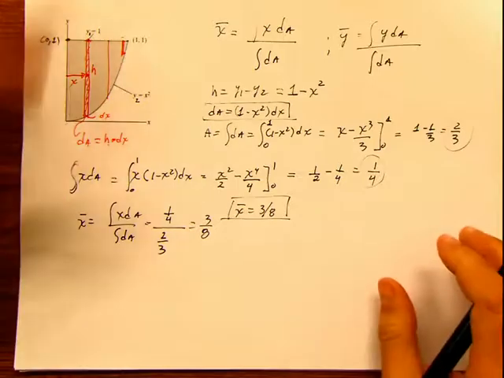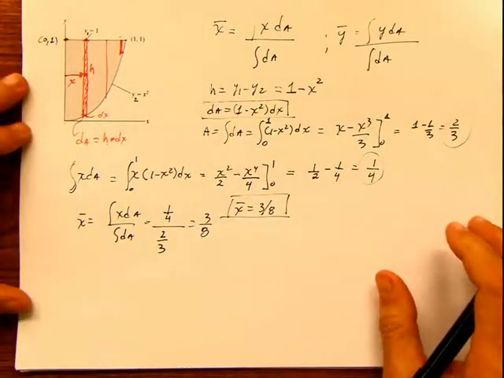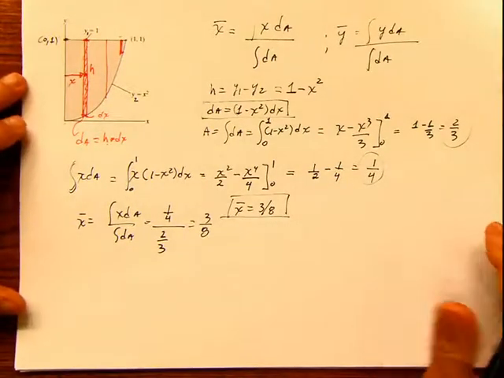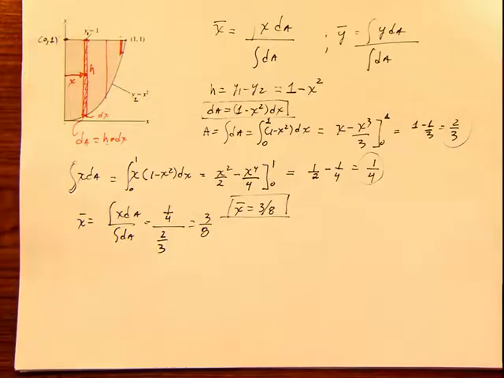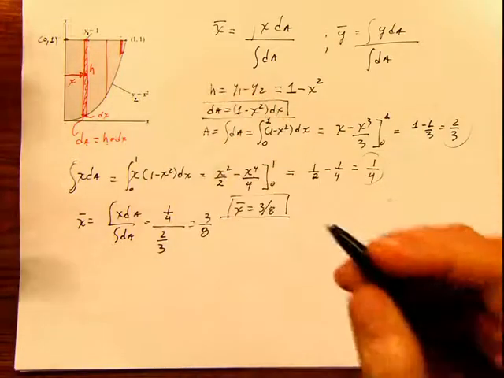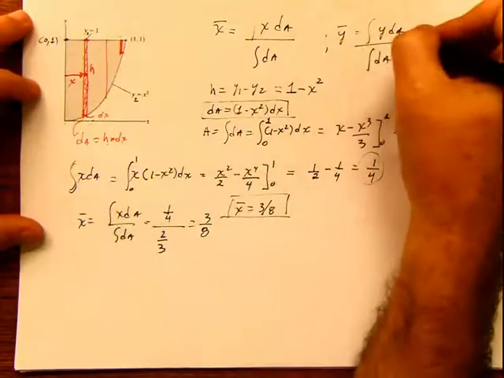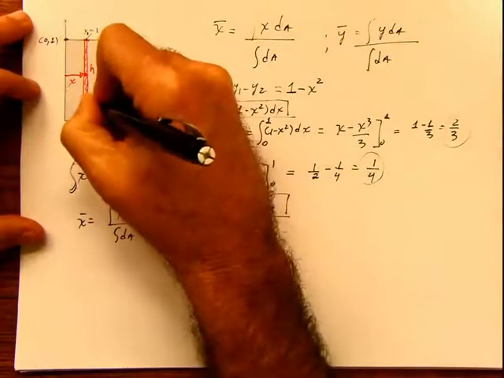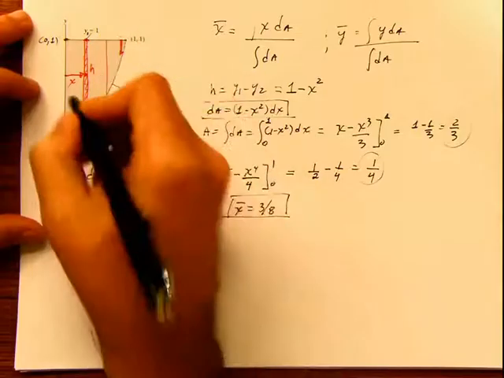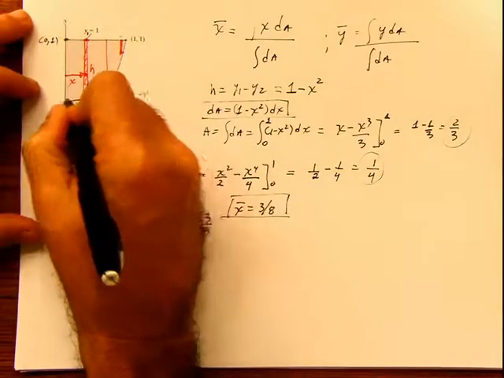Now for y bar, there are two ways of doing it. I told you to start thinking in this way if you can do it. So let's try to follow this way of thinking. This is the equation that I have to apply. So I measure y in this direction, and my dA is going to be this one then.